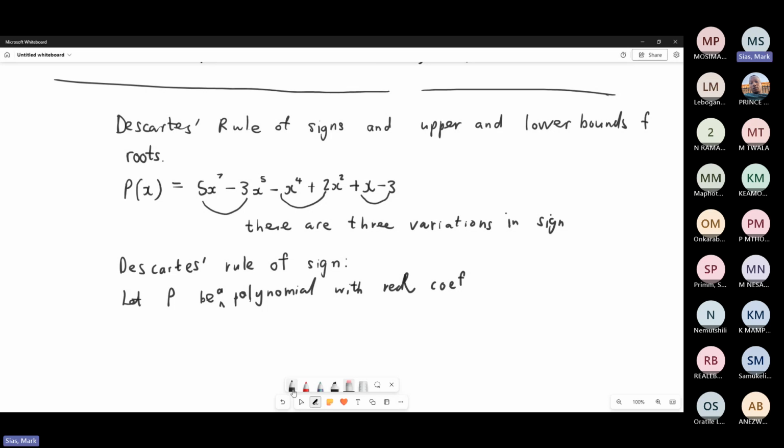Right, so, the real coefficients. Okay, can you guys still see the screen, I guess? So let P be a polynomial with real coefficients, okay? Just want to see if you guys can still see the screen.